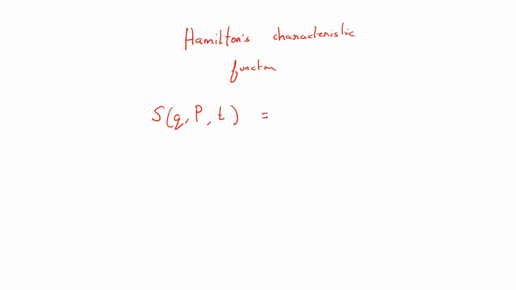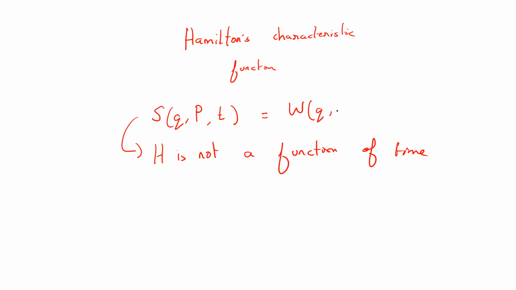When the Hamiltonian does not explicitly depend on time, so H is not a function of time, then what happens to S, the Hamilton's principal function? It splits into W, just q and P, and minus alpha t.